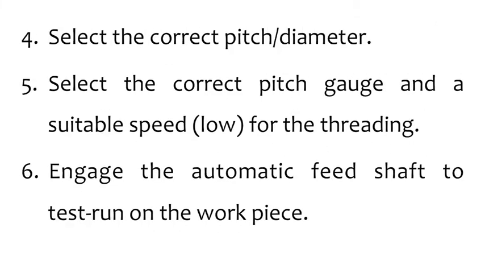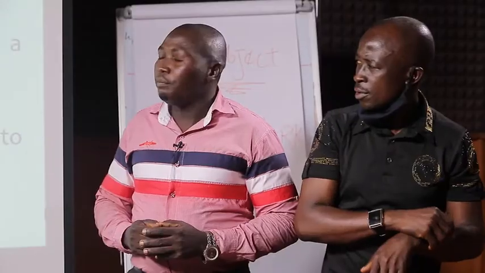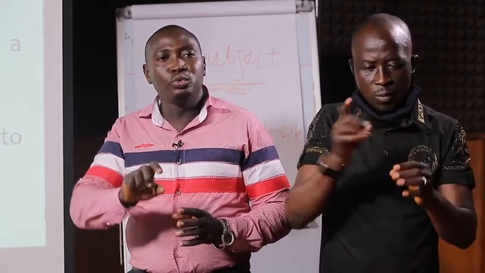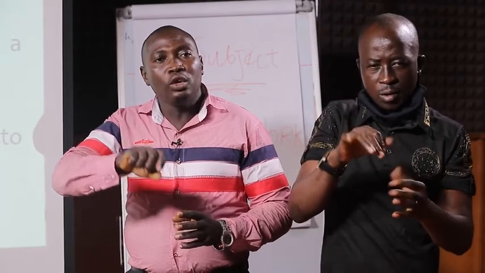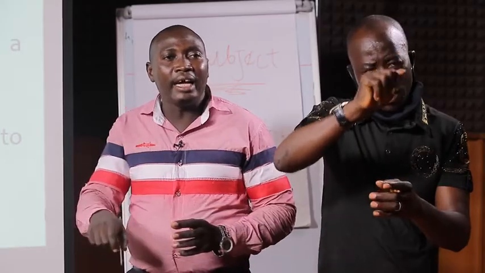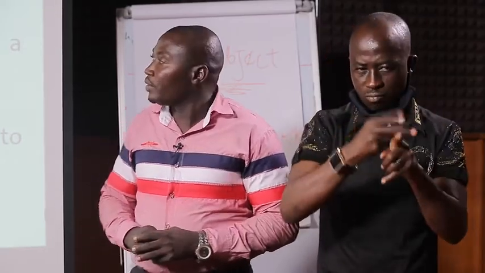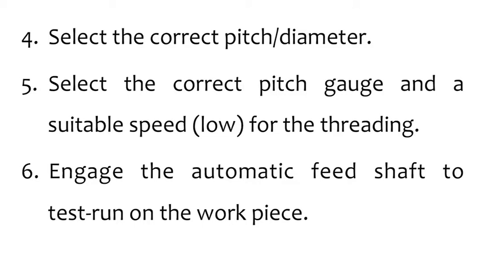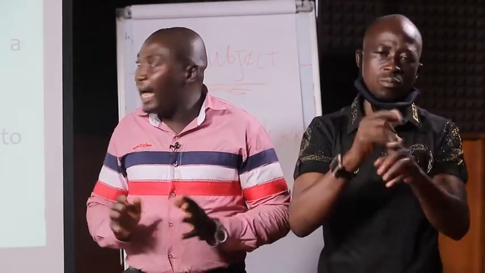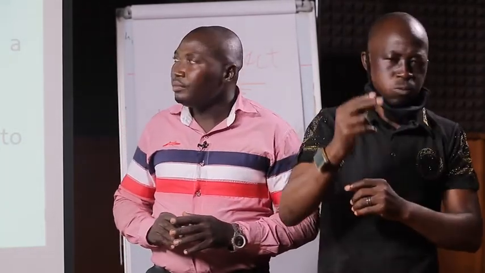And then 4, select the correct pitch and diameter that you are to produce, because the lathe machine has a gear selector that enables you to select the gear that will give you the pitch and the exact diameter that you need to produce on the thread. 5, select the correct pitch gauge and suitable speed. We use low speed in producing threads. We don't use the high speed for the threading.